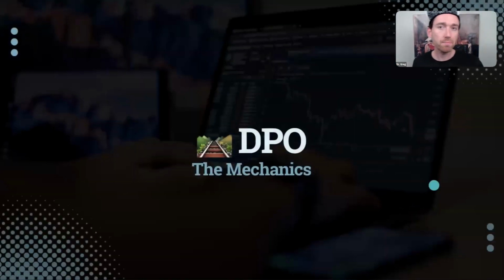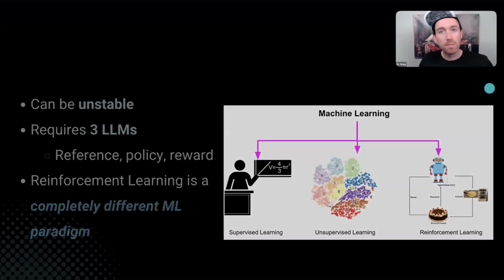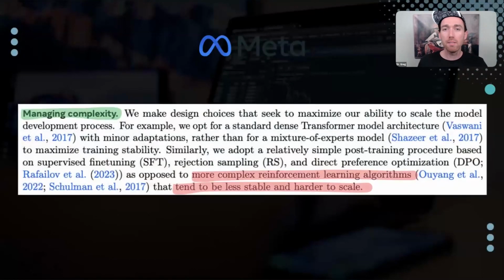So let's talk about DPO. As we briefly mentioned, RL can be a little bit more unstable. It's a completely different ML paradigm. It requires 3 different models. And that's probably not something that is necessarily going to be useful in all cases, as they mentioned in the Llama 3 paper.